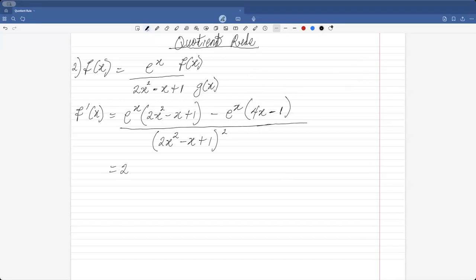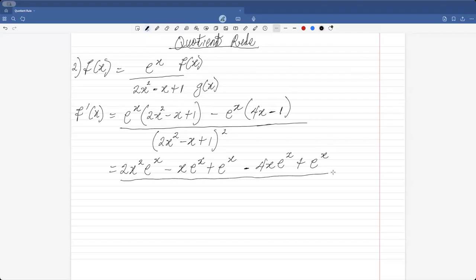We have 2x to the power of 2 e to the x minus x e to the x plus e to the x minus 4x e to the x plus e to the x all over what we still have at the bottom, 2x squared minus x plus 1 all to the power of 2.